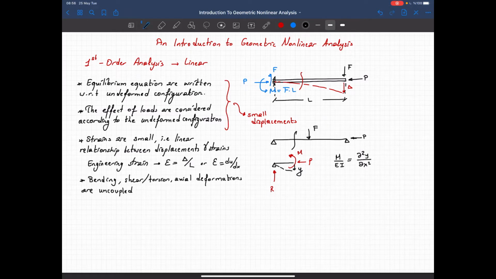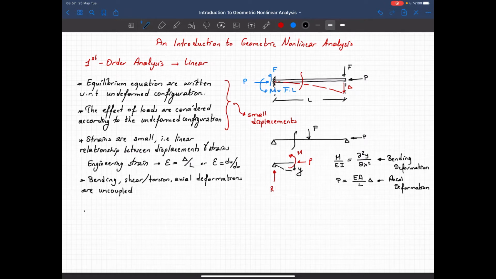So that's the bending deformation, no effect of the axial load or no effect of shear deformation, and we say that the axial deformation is P equal to EA over L times the amount of shortening. So this is the equation for axial deformation. So we ignore the interaction between the axial and the bending deformations.